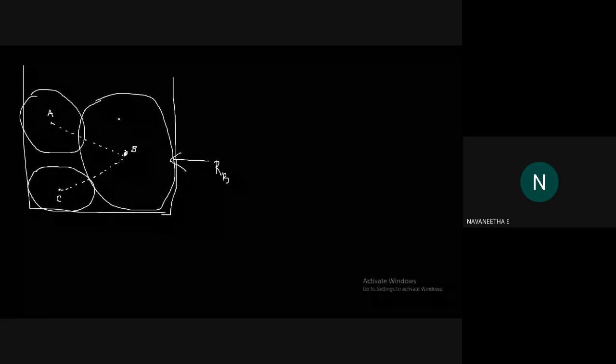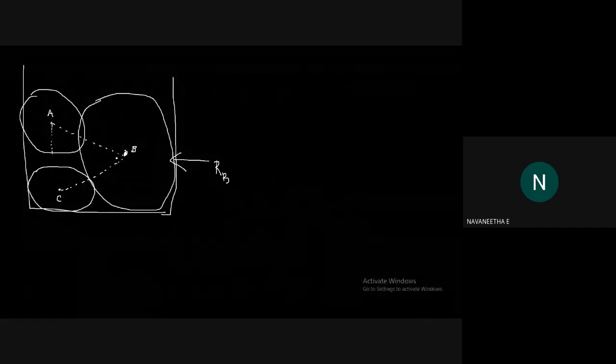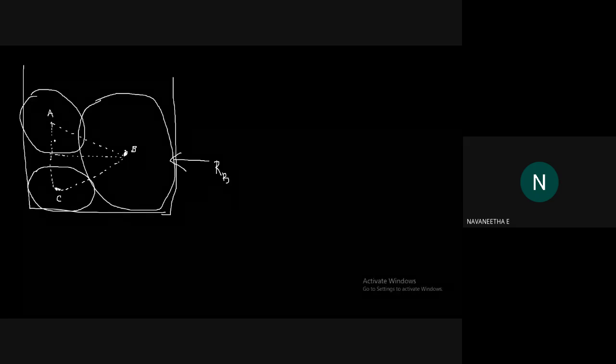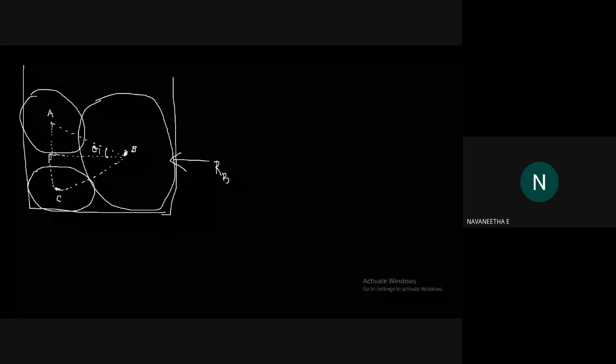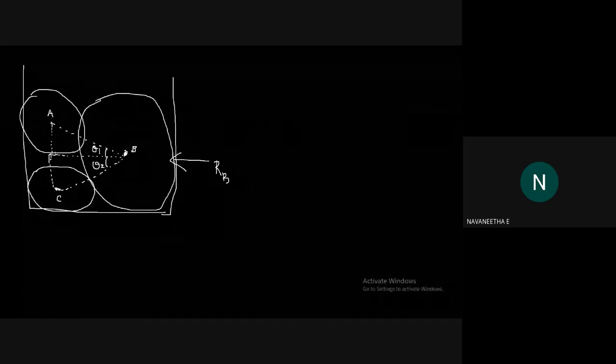So here I am going to draw a right angled triangle. If you consider this as theta 1 and this as theta 2, you will need to find out these two angles.